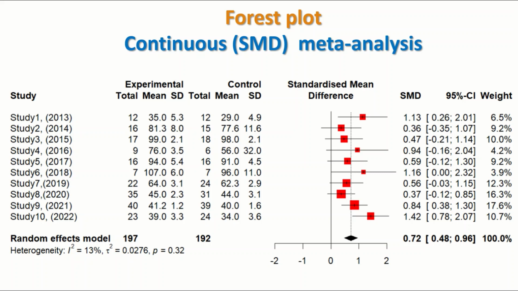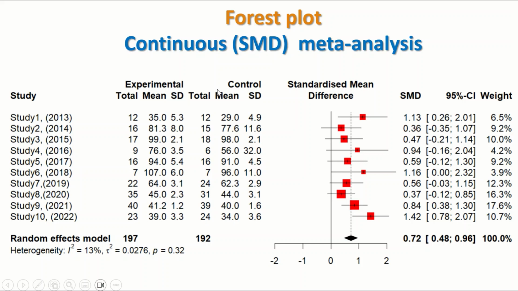And this is another forest plot produced from R Statistics, which is similar to the previous one. Again, it has 3 sections in it. This is a meta-analysis for continuous SMD.